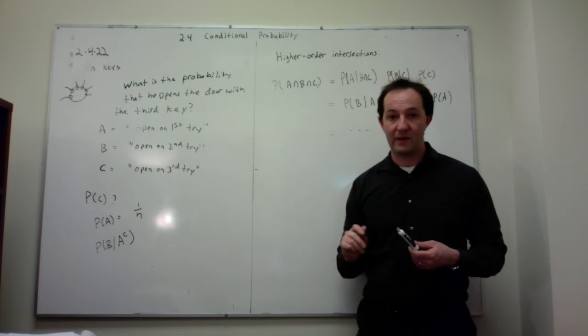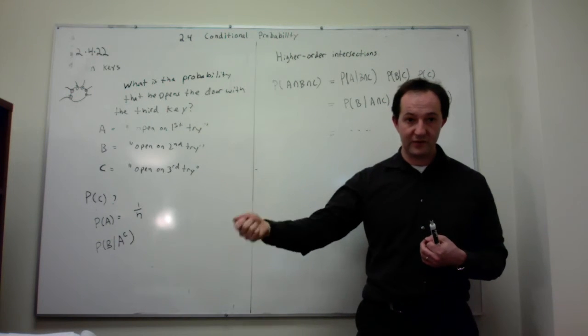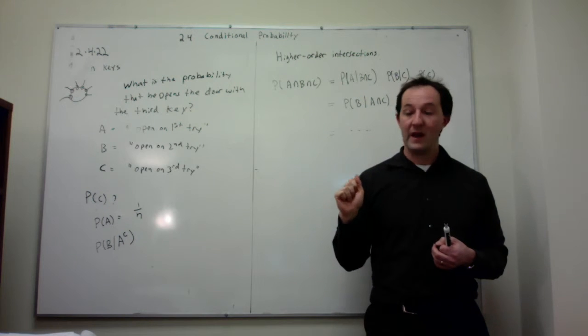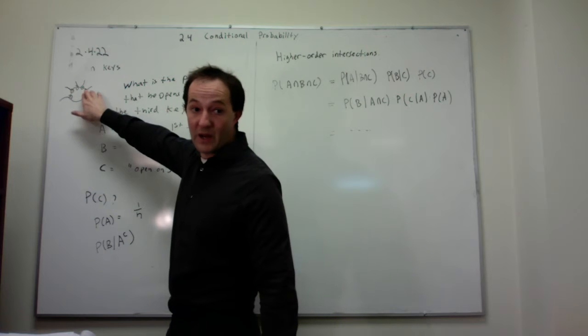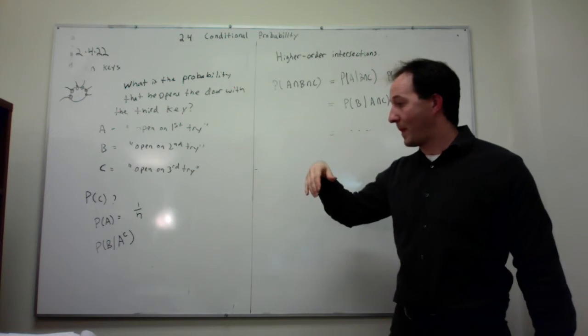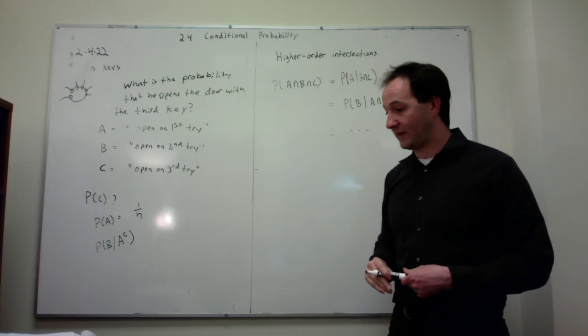Basically, the only way he's going to try a second time is if he fails the first time. If he fails the first time, one of these keys has already been thrown away. So he's going to choose 1 out of n minus 1 keys.